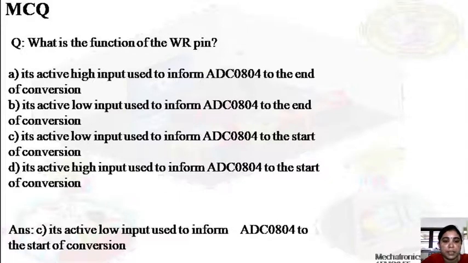Third option is it is an active low input used to inform ADC 0804 of the start of the conversion. And the fourth option is it is an active high input used to inform ADC 0804 of the start of the conversion. The right answer for this question is option C, that is, it is an active low input used to inform ADC 0804 of the start of conversion.